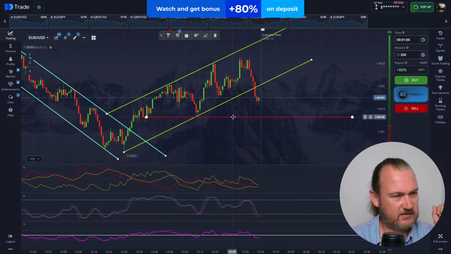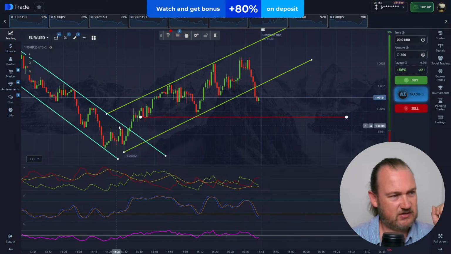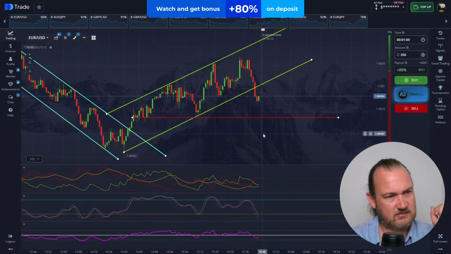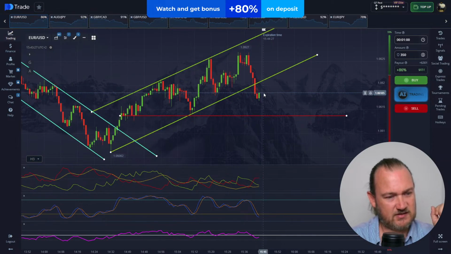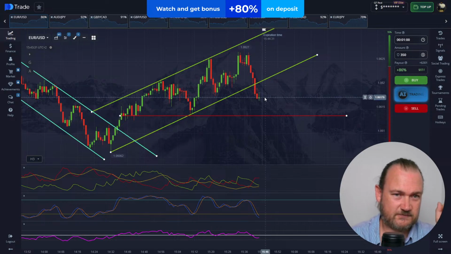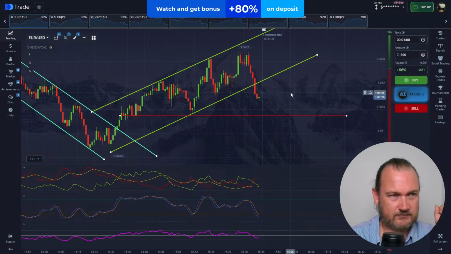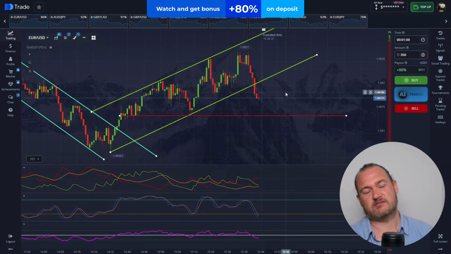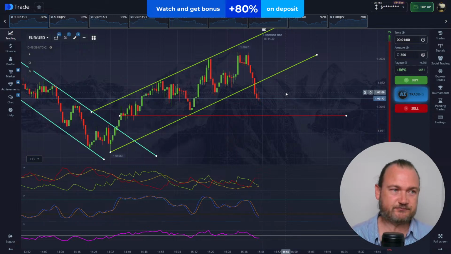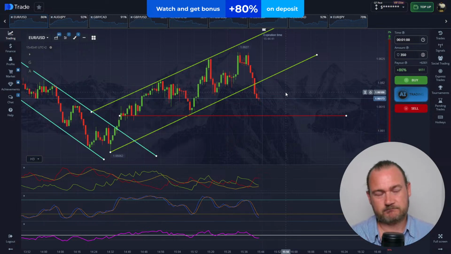Let's see, we did have an interesting level here. It looks like this is the retest. Okay, so it is pushing up, it is pushing down. Oftentimes it will behave, or sometimes it won't.